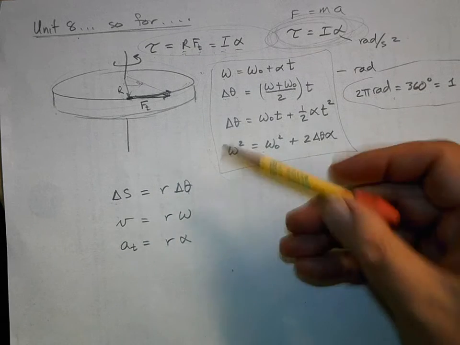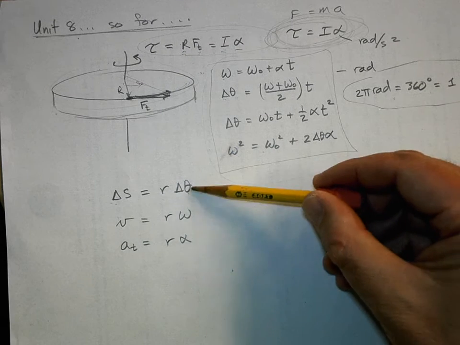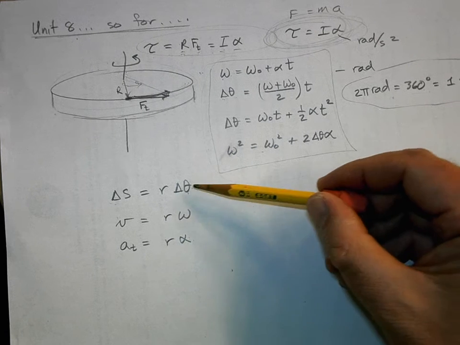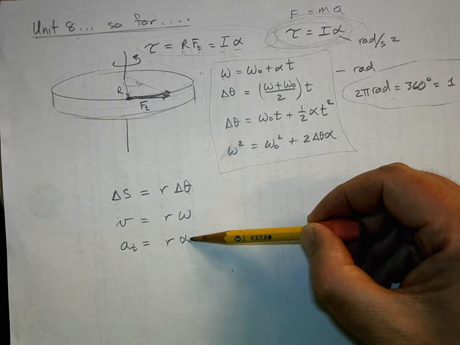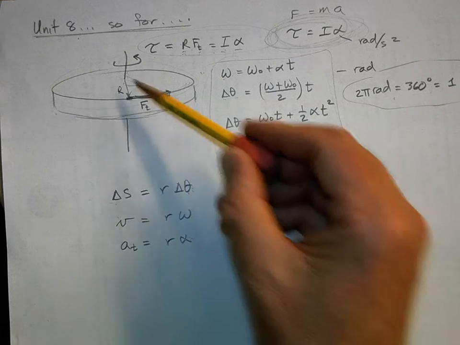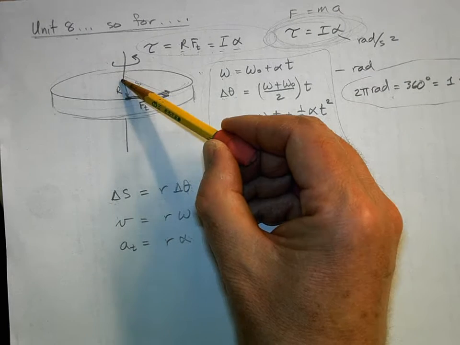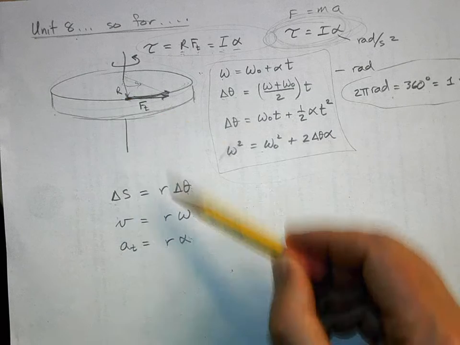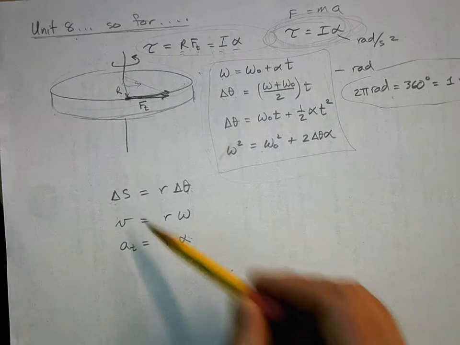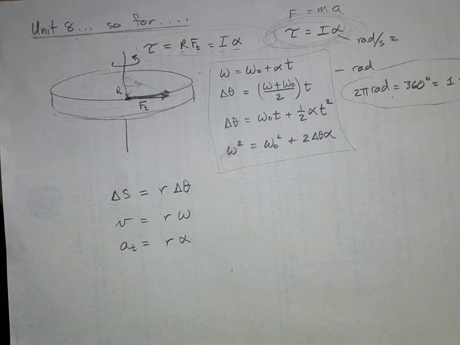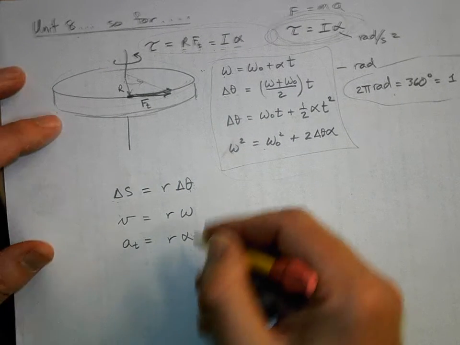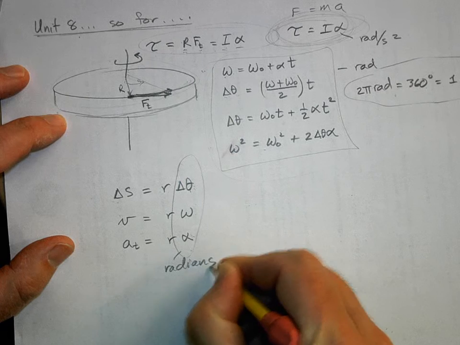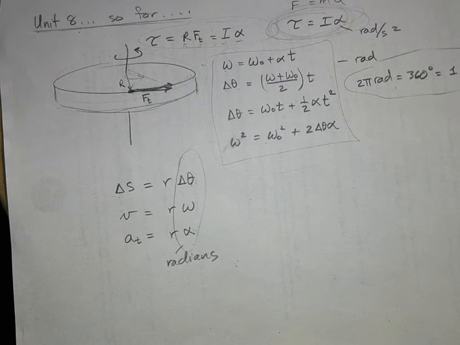So you can see that all you're doing is taking your rotational quantities for position, velocity, and acceleration, and multiplying by the radius, or its lever arm, the distance from the axis of rotation to the object you're looking at, and you get these. Of course, these are all in radians. They must be in radians, or these equations don't work.